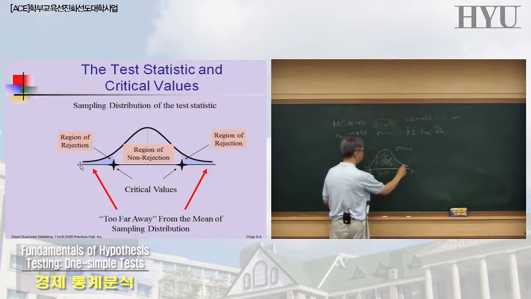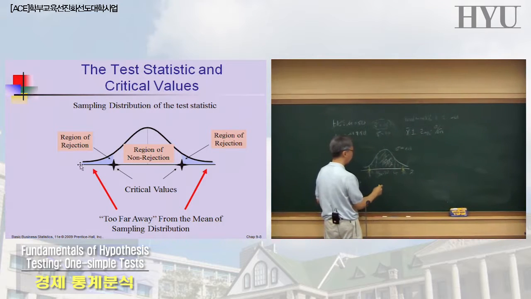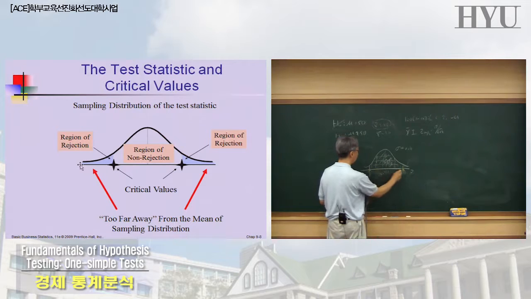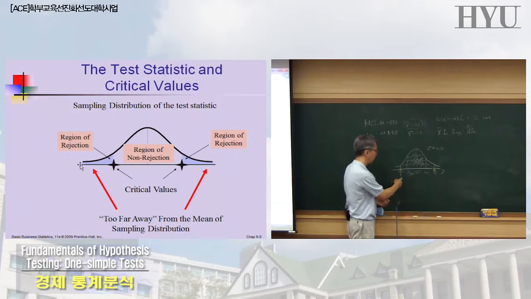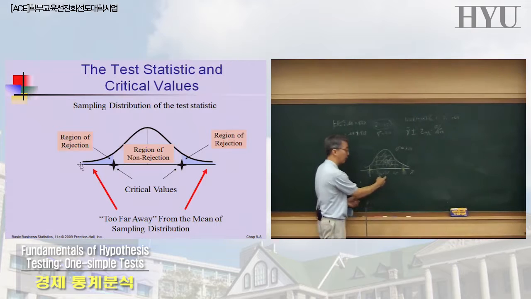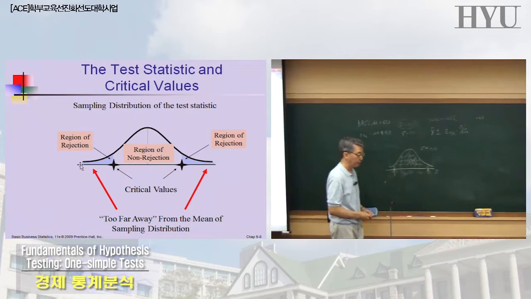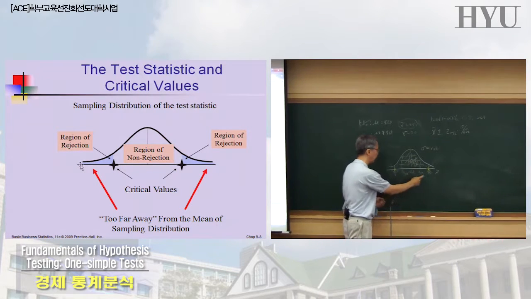And if the sample evidence comes within these two critical values, then I will not reject the null hypothesis. In other words, I cannot claim that the sample evidence is far enough from the hypothesized value. So we will not reject the null hypothesis.